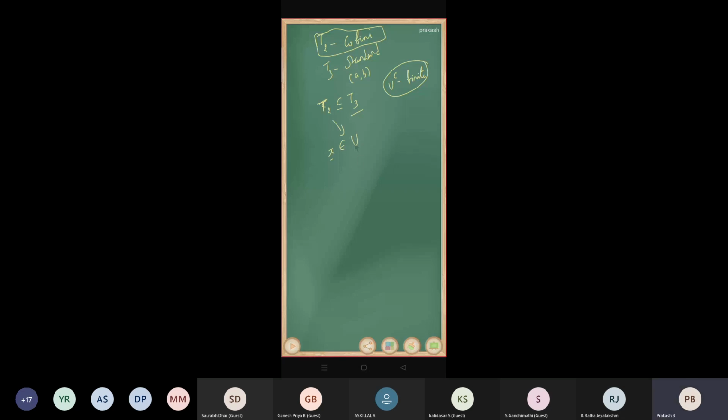In the real line, our x must be somewhere. You know that U complement is a finite set. I'm going to name that finite set A1, A2, etc., An, right? So from x, on the left hand side of x, we are going to find the largest element of U complement, because only finitely many elements are there.